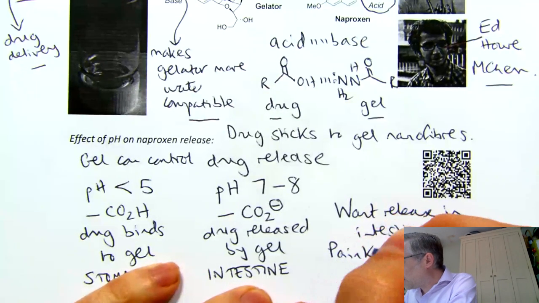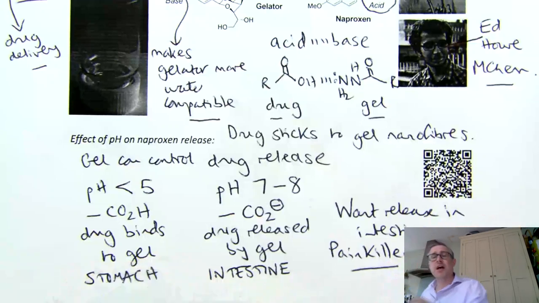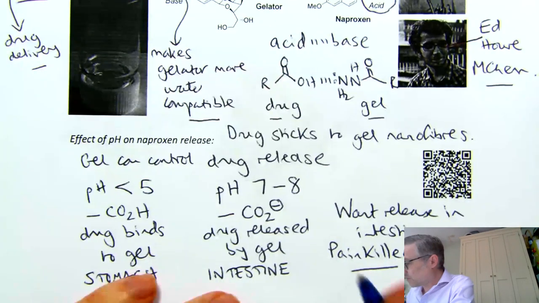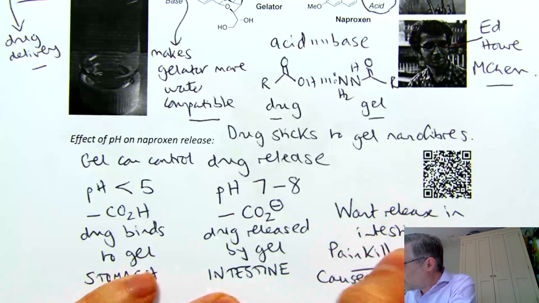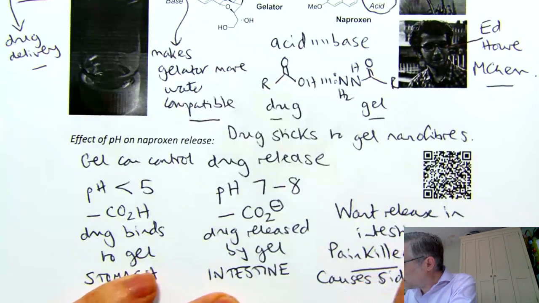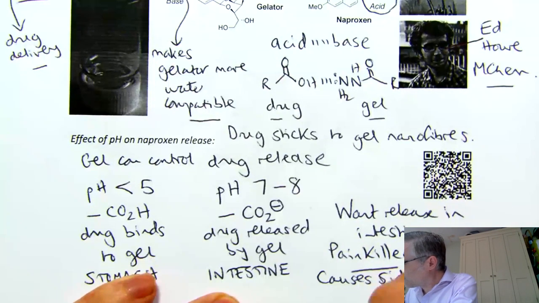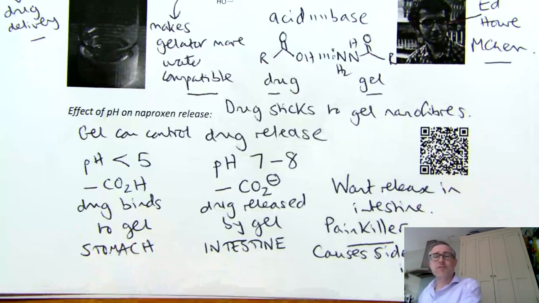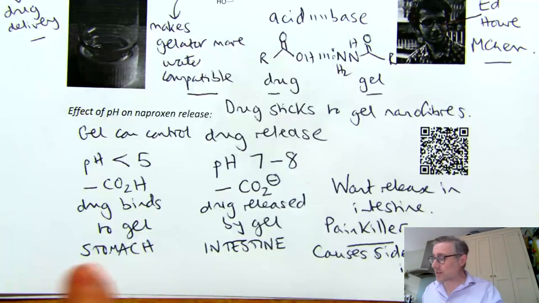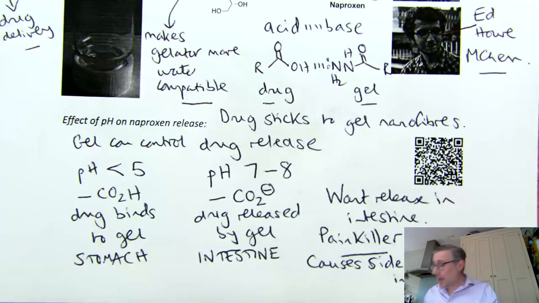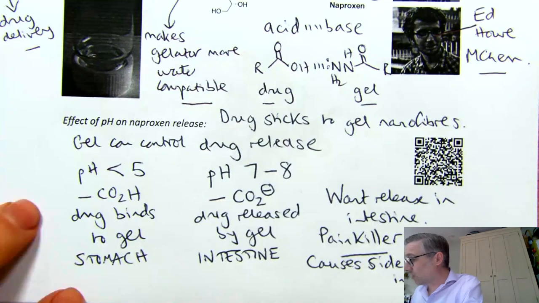It's the same class of molecule as ibuprofen, and it causes side effects in the stomach. So if you can deliberately protect the drug in the stomach and release it in the intestine, you're protecting the stomach against some of the side effects of the drug.